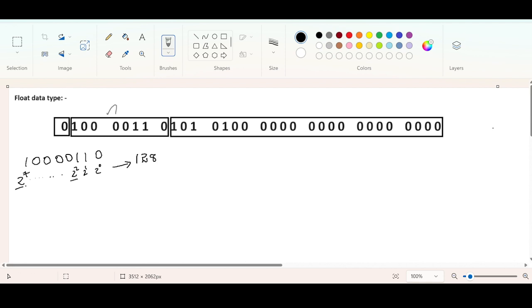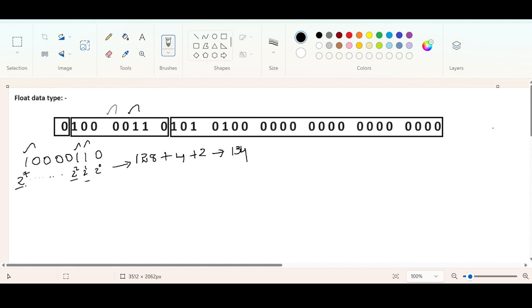We will consider only the 1 powers: 128 plus 2 to the power of 2, which is 4, plus 2. Sorry, this one is 2. So we get 134. So this part is solved.